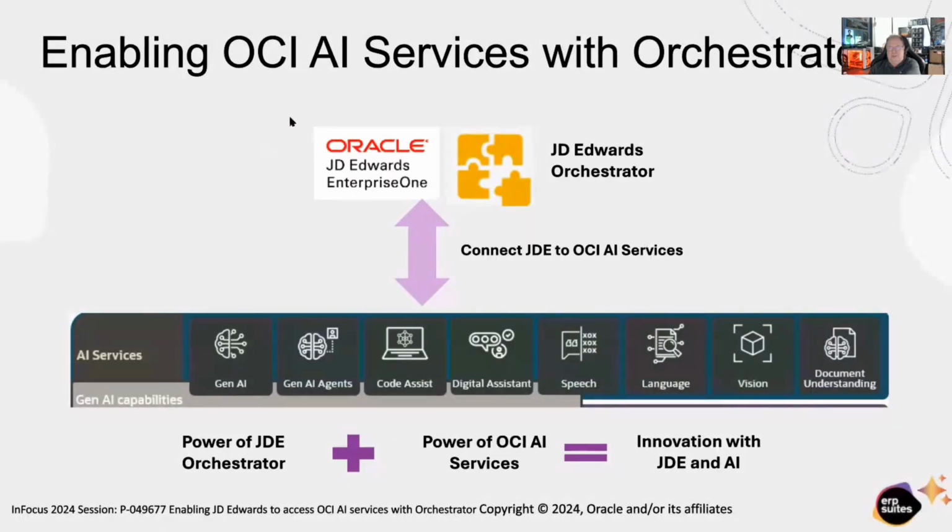But overall, from the orchestrator perspective here, so we've got JDE up here. This is your particular on-premise, like I said, private cloud, public cloud, your JD Edwards instance. You're using that OCI API connector through a secure connection, and then you're picking and choosing a combination of services. Like what we were doing, we only needed the document understanding, and the other service was the object storage.